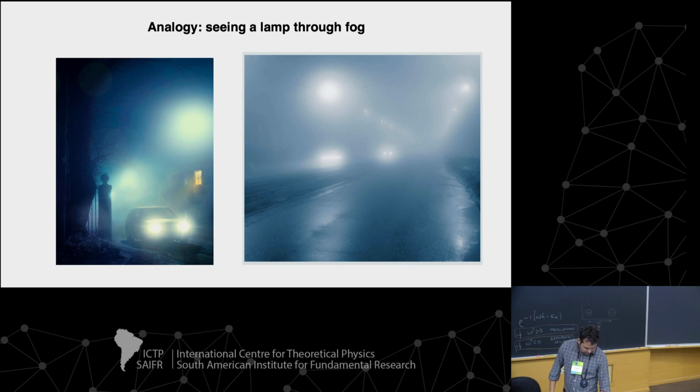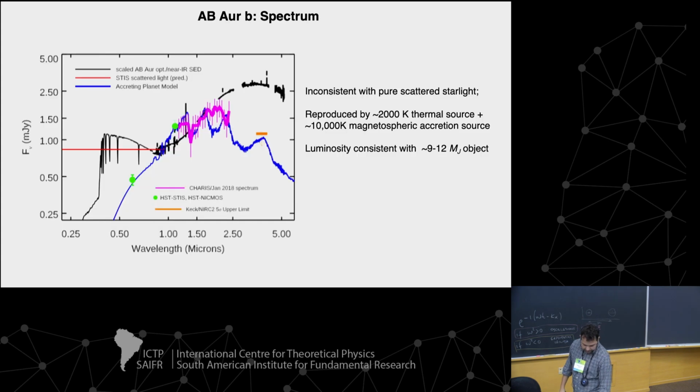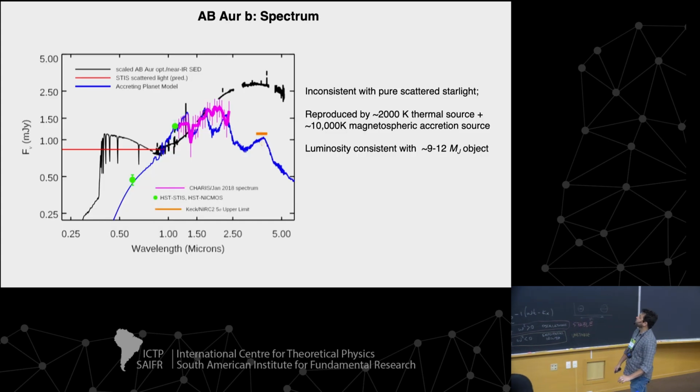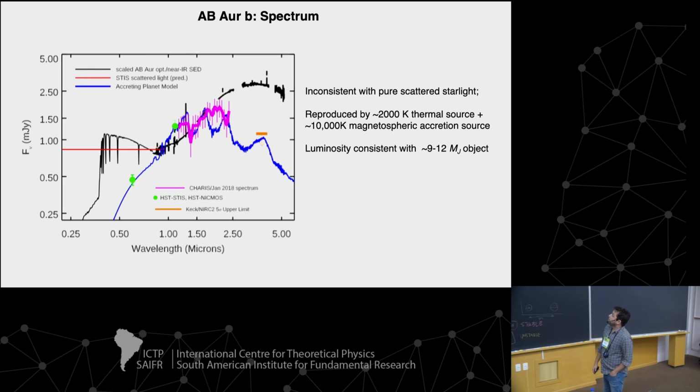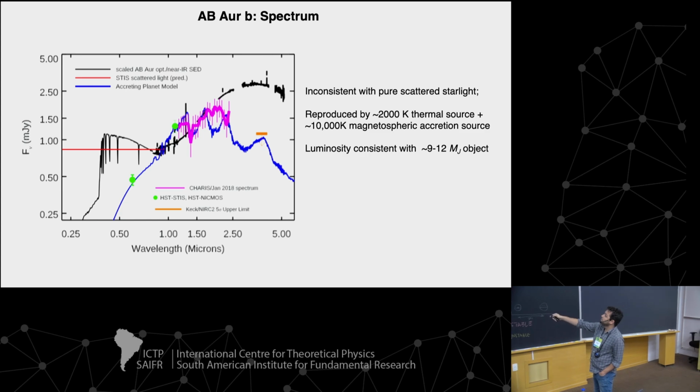And what are the other constraints here that we can get to find out if this planet really is a gravitationally unstable blob or not? There are some constraints. For instance, there are these two observations here in different bands from the HST and ICMUS. So that constrains the accretion model, right, from the planet.